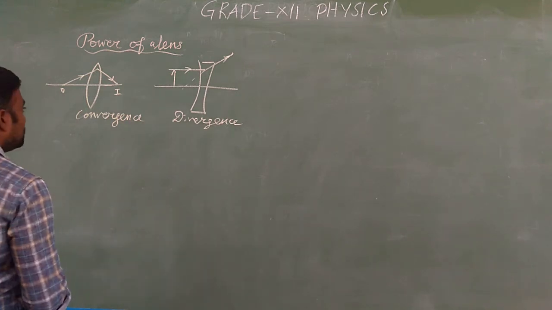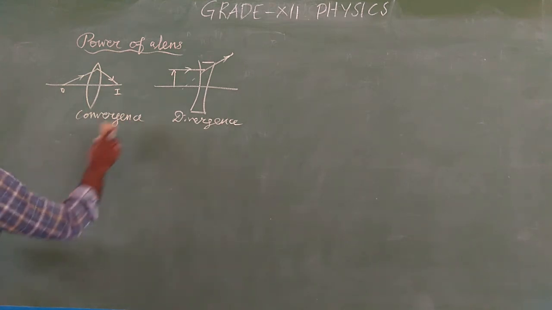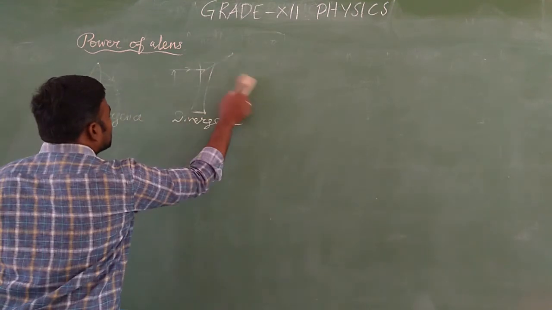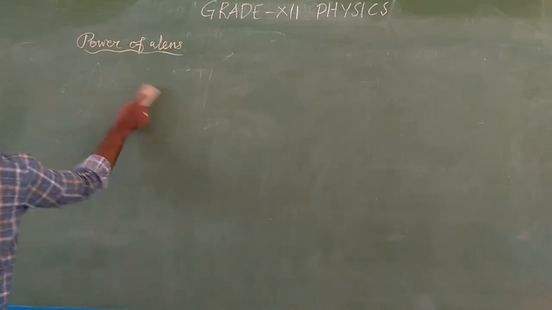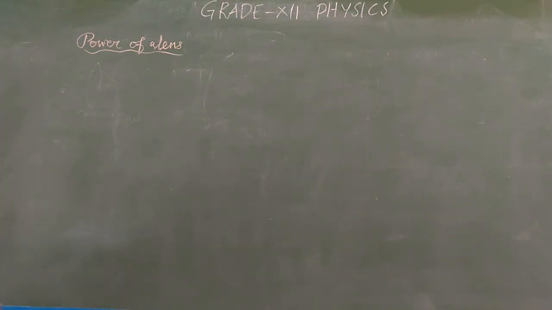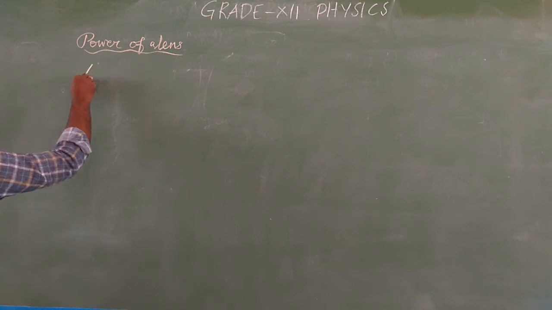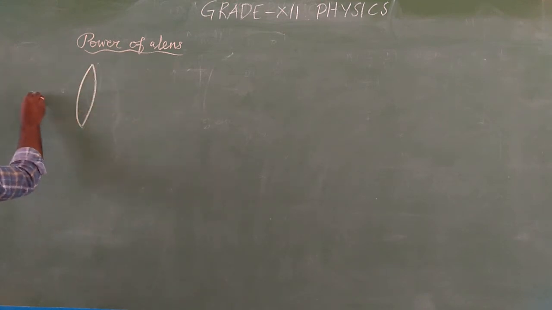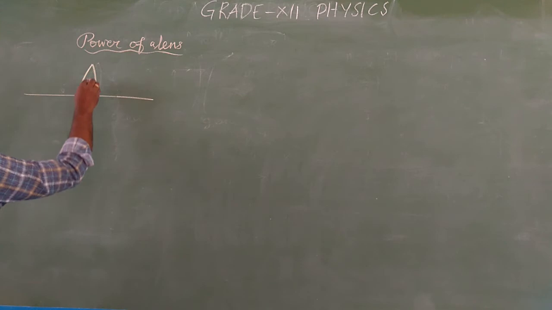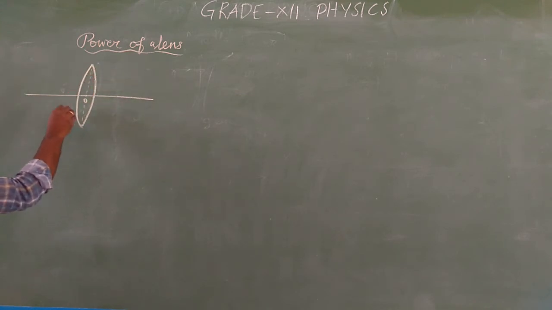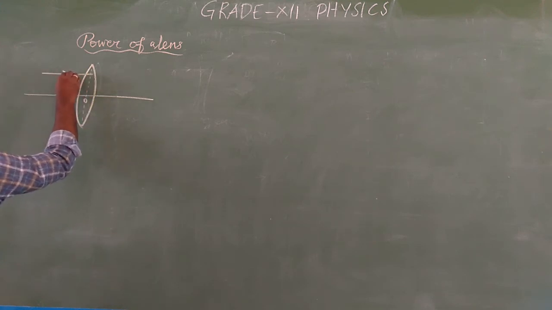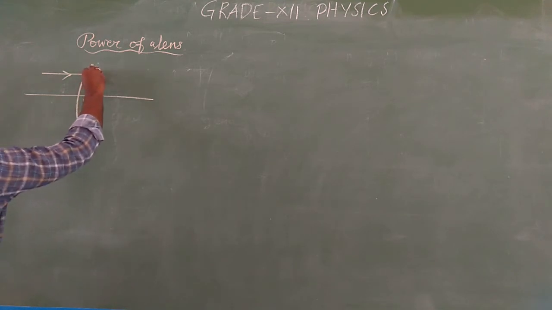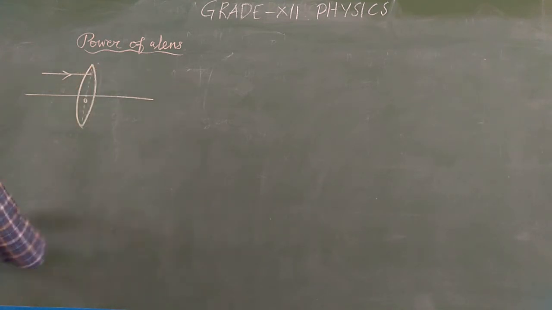Let us consider the simple case. It is a convex lens. So we assume the light is converging. For a convergent case, we will solve the power of lens. So there is a convex lens. This is the principal axis. This is the optic center. The effective diameter is aperture. So the light from an object is incident parallel to the principal axis on this spherical lens. Then the ray gets converged.